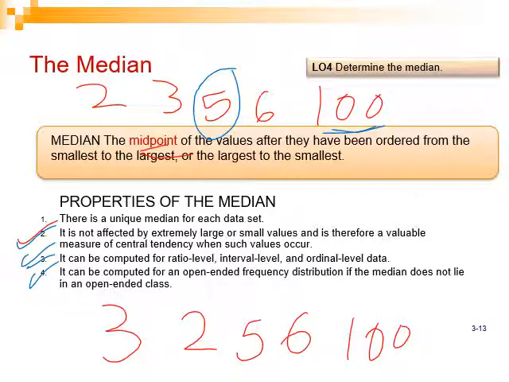Number 4: it can be computed for an open-ended frequency distribution if the median doesn't lie in the open-ended class. This means that we can compute the median for an open-ended frequency distribution.